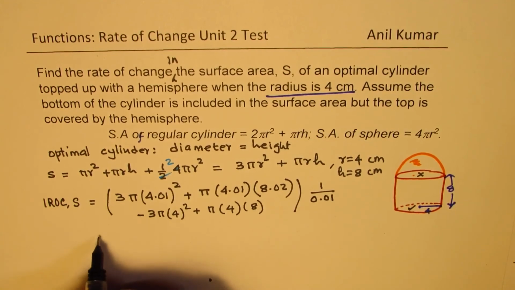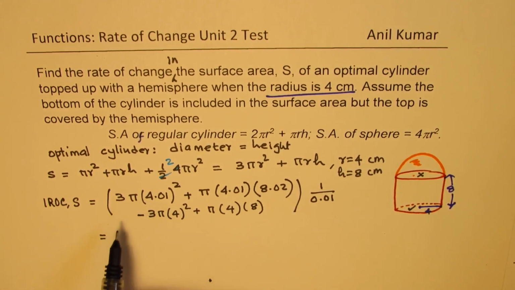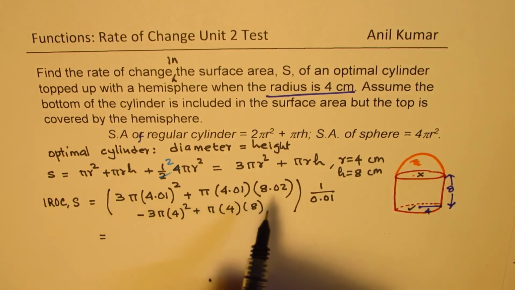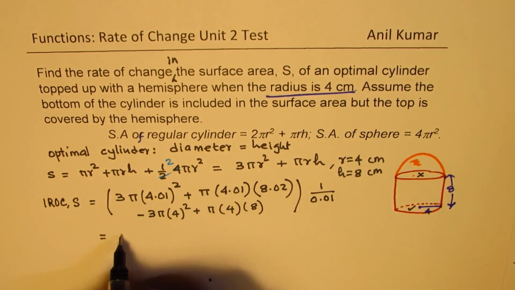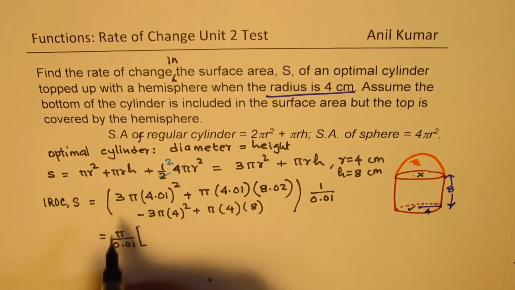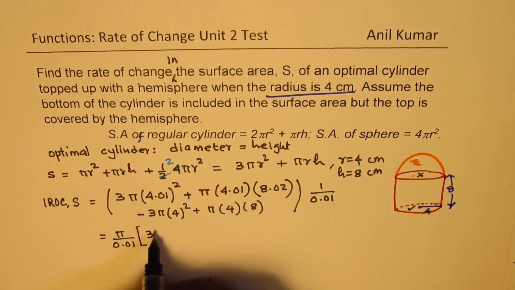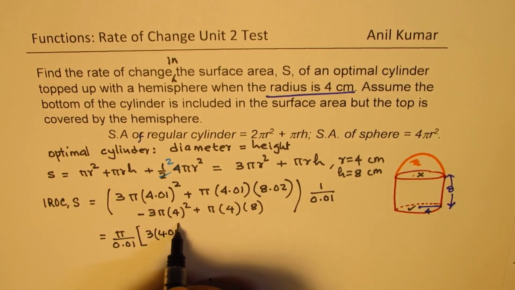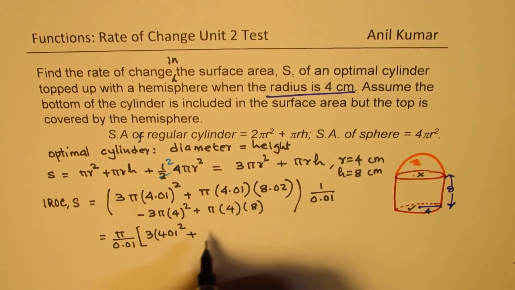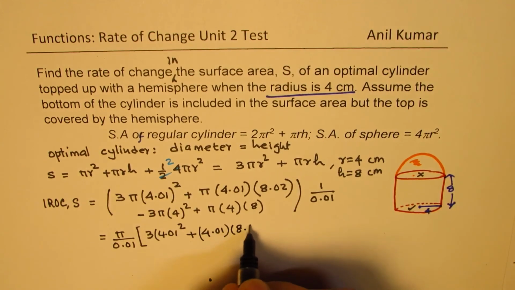So let me rewrite this. What we get here is we can take pi common. So we'll take pi common over 0.01, and within brackets we'll write 3 times 4.01 square, and here we have plus 4.01 times 8.02.